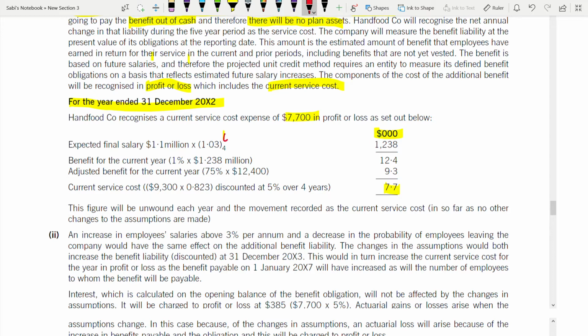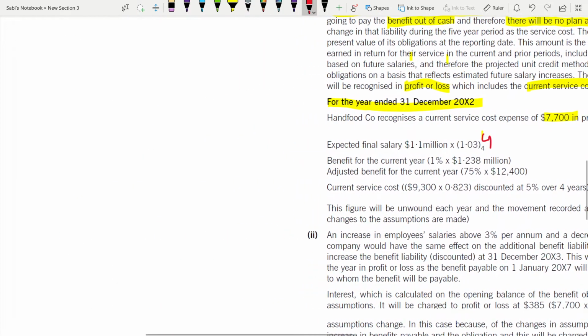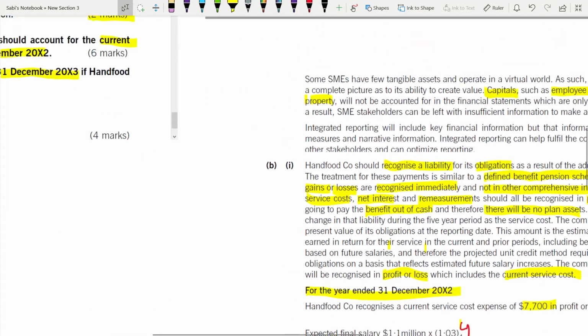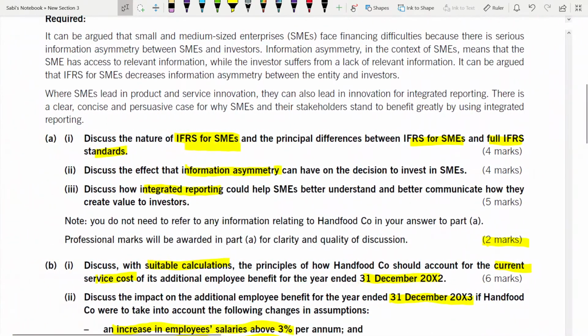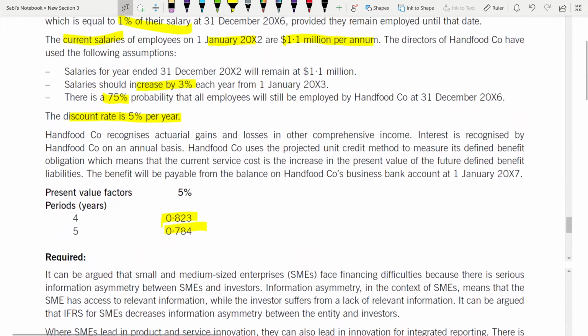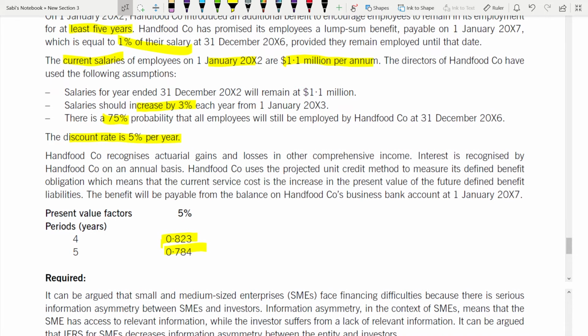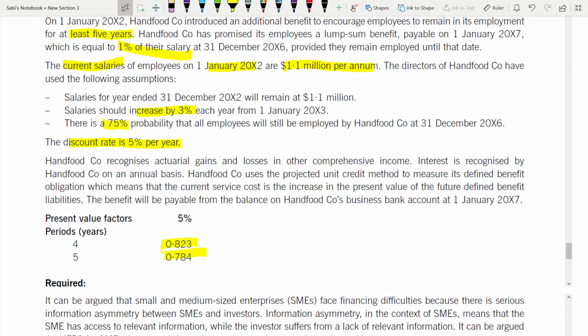This 4 will be up here, not down. 3 to the power 4, 3% to the power 4. We'll see again. Because here they told salaries will remain at 1.1. There you don't have to do any changes. Salary should increase by 3% each year from 1st of Jan 2003.